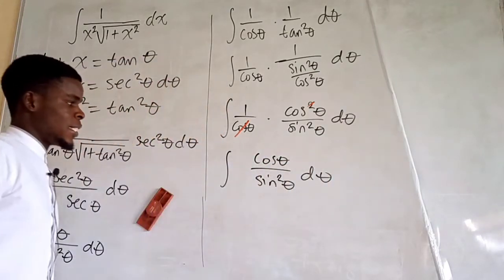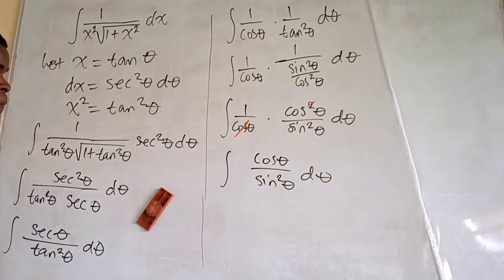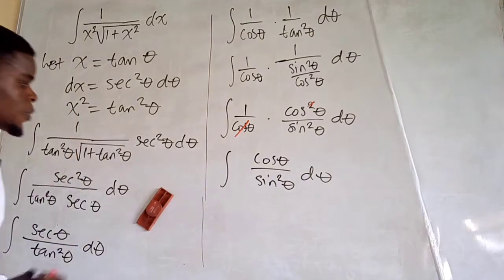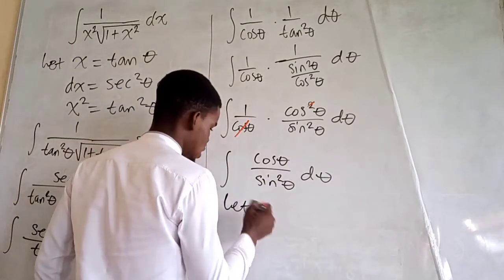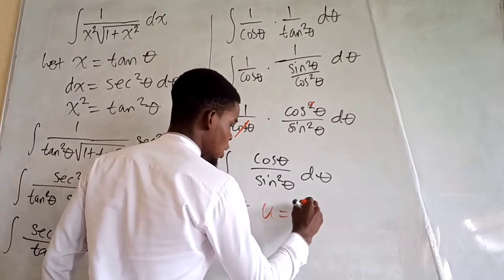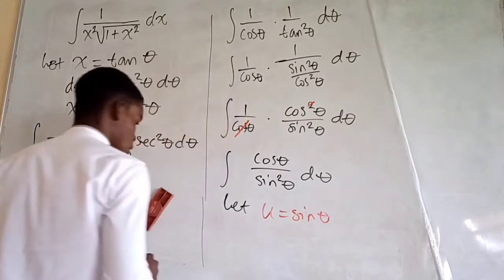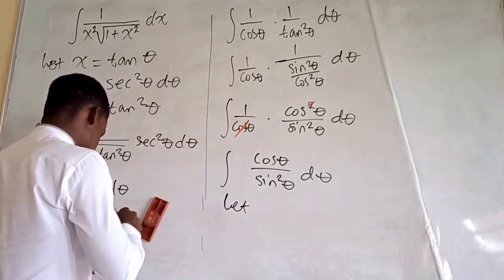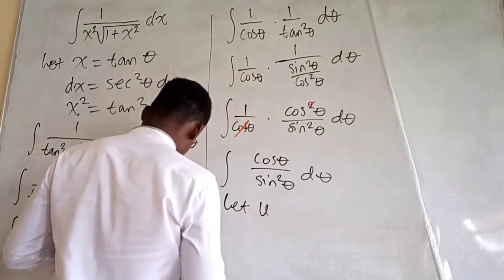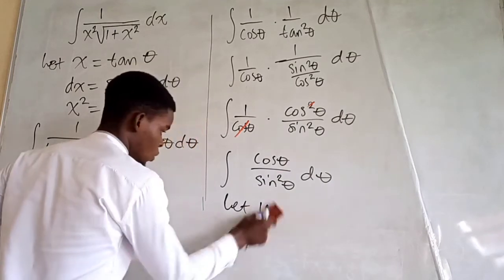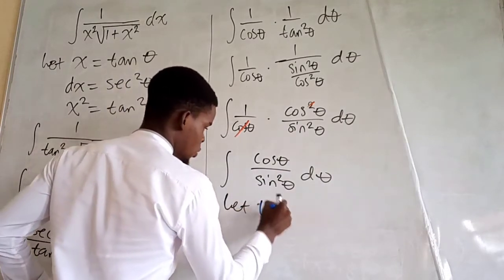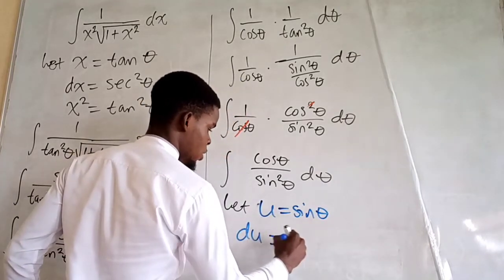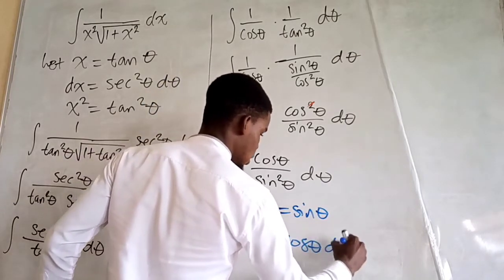And this is now simple to deal with. We can do this by making a u-substitution. Let u be equal to sine theta. That means that du is going to give us cosine theta d theta.